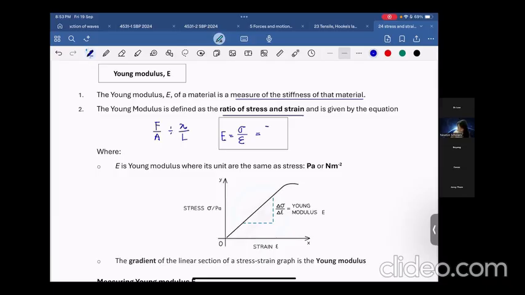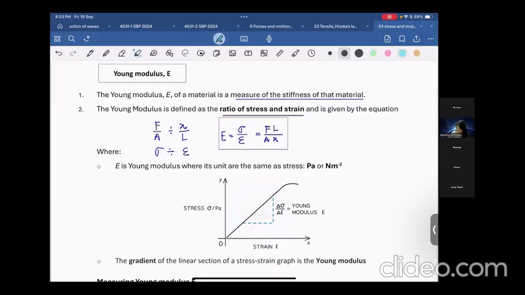So if I rearrange, I will get F over A, then this one L upside down. Do you understand how I get it? I'm using stress divided by the strain.